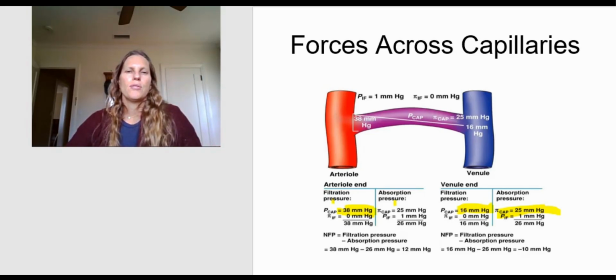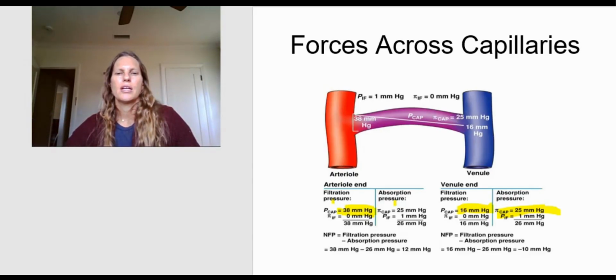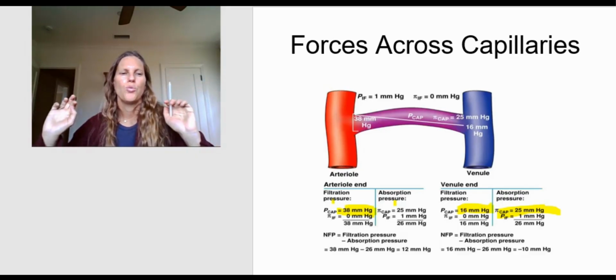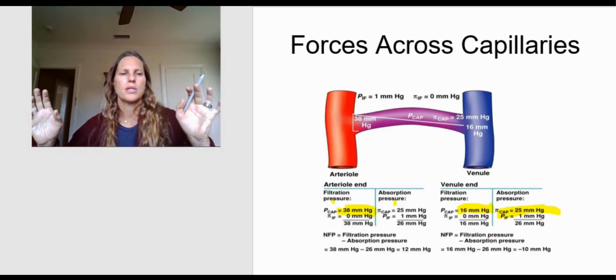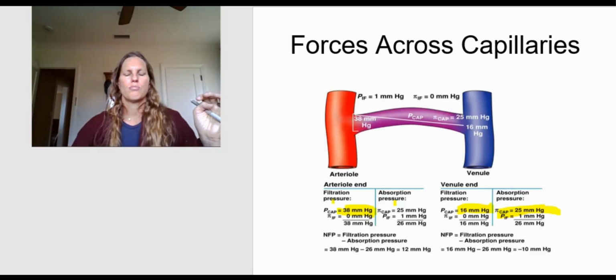higher on our arterial side and our absorption pressure higher on our venous side. And this is the important thing to remember: don't worry about all these numbers. That's not important. What's important is just that concept. So let me keep it simple for a second.